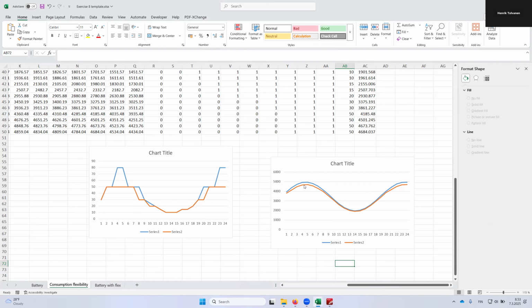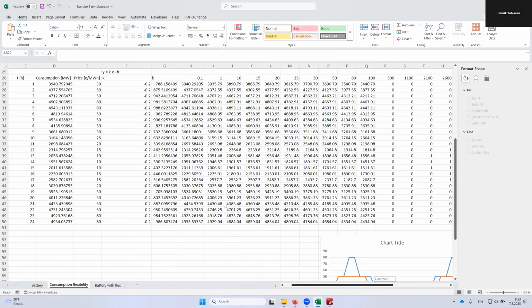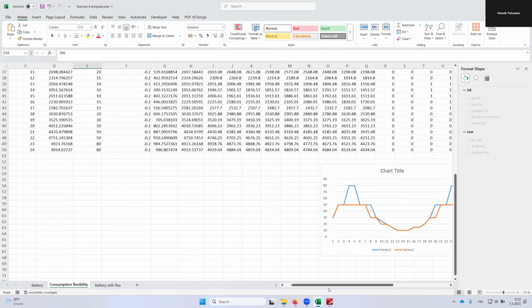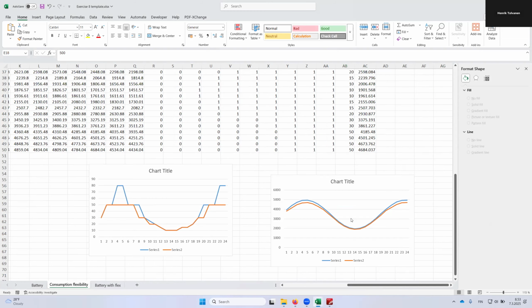If there is this much capacity to make this flexibility and it's being activated, it means that the system is only going to decrease the consumption.